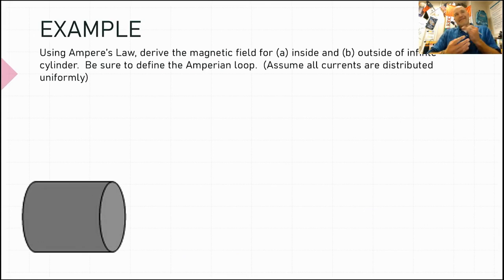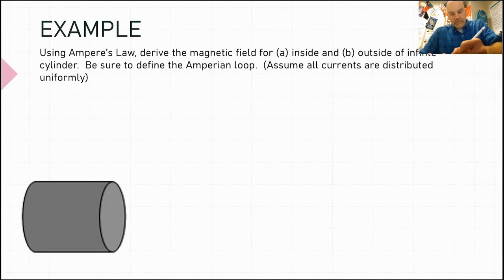I actually almost forgot this example, so I had to create this at the end. We're going to use Ampere's law to derive the magnetic field inside and outside of an infinite cylinder. We need to define an Amperian loop, and we're going to assume all currents are distributed uniformly.